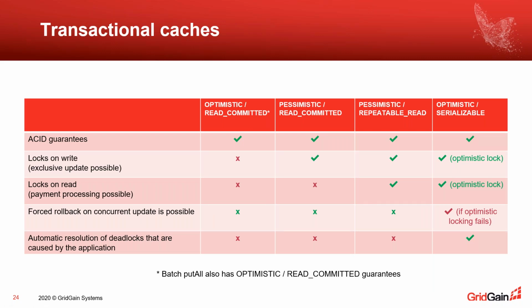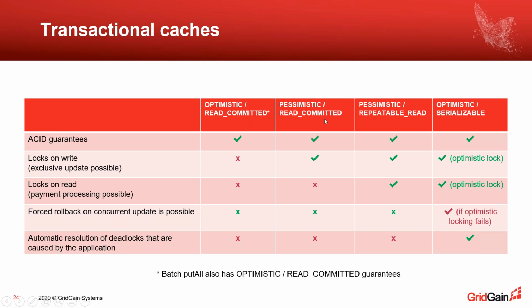Well, so here's the comparison of the modes that I have reviewed. There are actually no more modes in Ignite transactions. There are 2 values here, optimistic and pessimistic, and 3 values here. In total, there are 6 pairs, but 2 of the pairs are equal to the previous ones. So optimistic read committed gives you ACID guarantees, but locks are acquired neither on writes nor on reads.